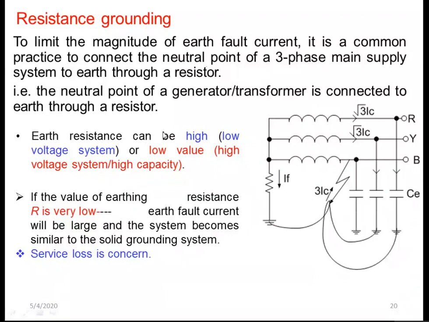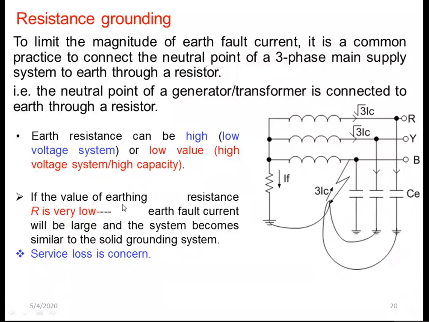Now, this distinction between the low value and the high value is based on the magnitude of the ground fault current which we want to limit. Both high value and low value ground resistance are designed to limit the transient overvoltage up to 250% of the system voltage.